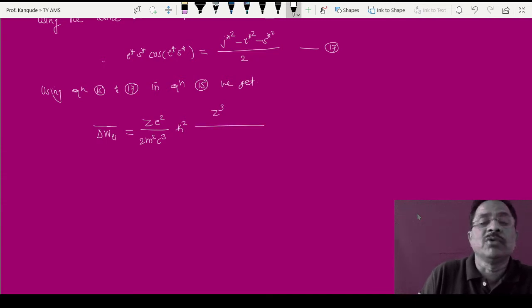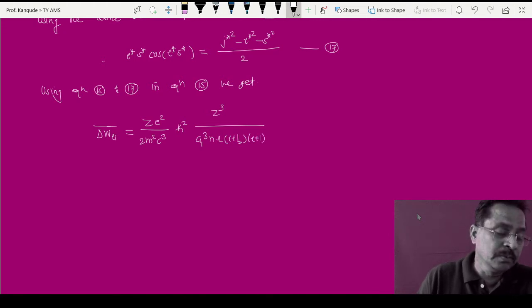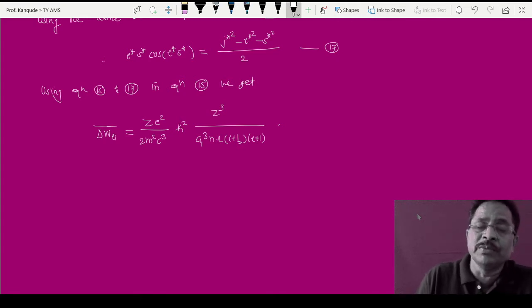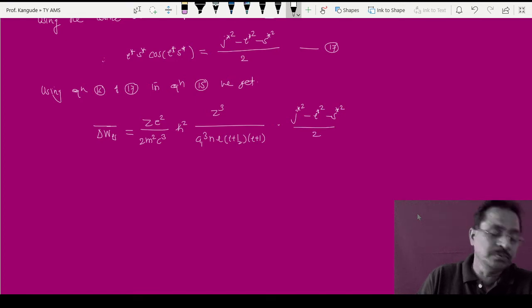This is 1 upon r cube average, it is A1 cube into N into L into L plus half into L plus 1, and multiplied by L star S star cosine of the angle between them, which can be replaced by equation 17. So it becomes J star square minus L star square minus S star square upon 2.